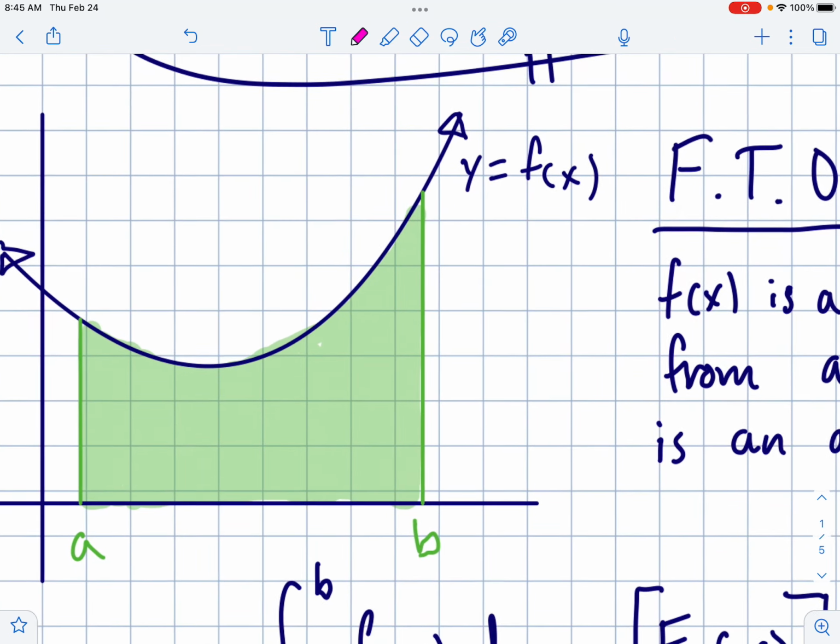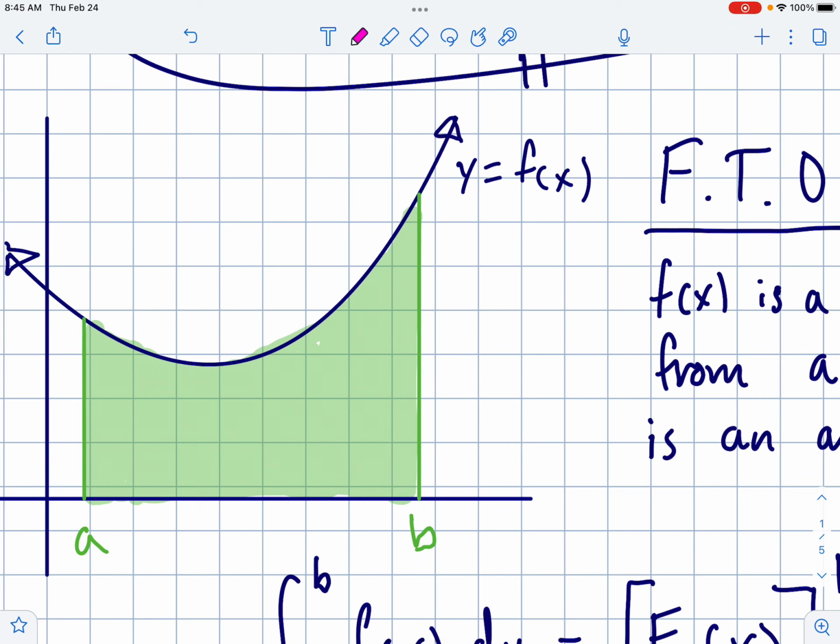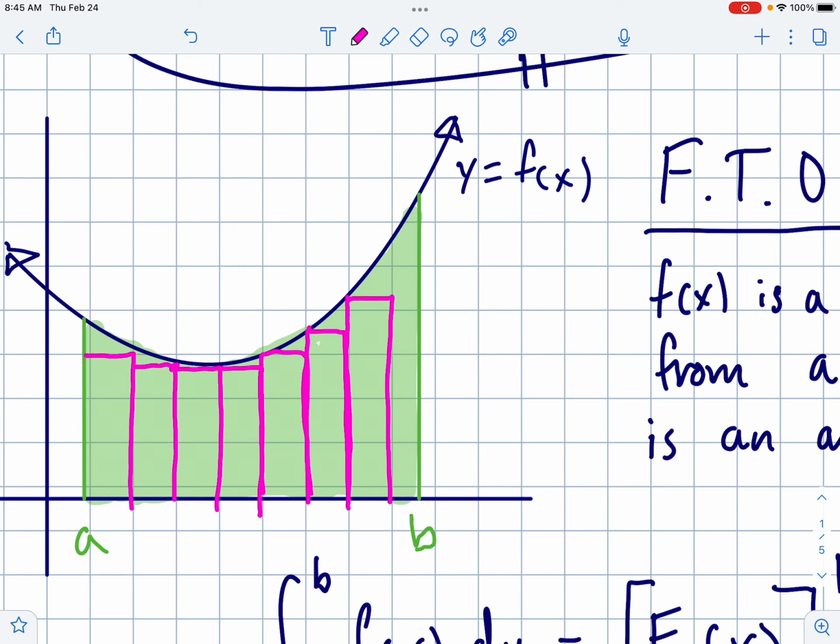It has to do with trying to find the area underneath a curve, and you can split this into little rectangles. You can build rectangles underneath it to estimate how much area is underneath. If you take the sum of all these rectangles where the heights are touching the function, you can get an estimation for the area.